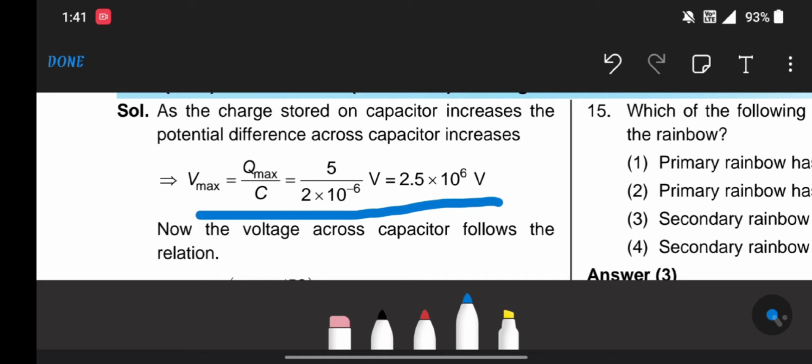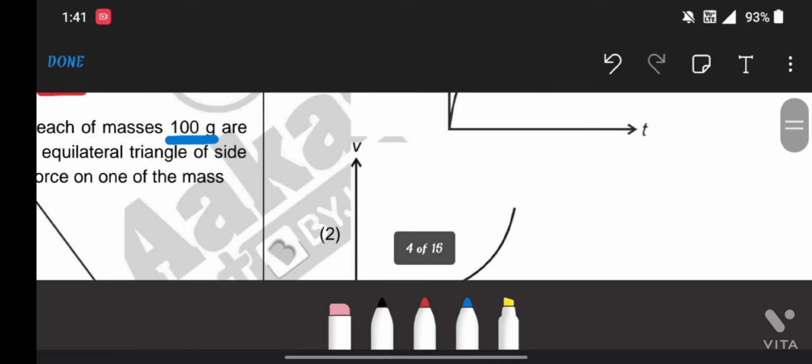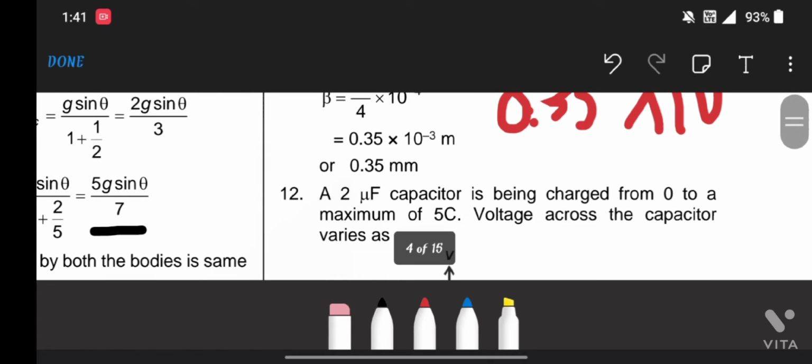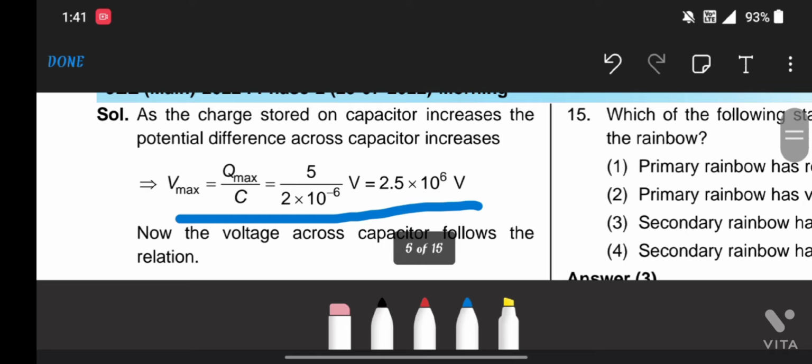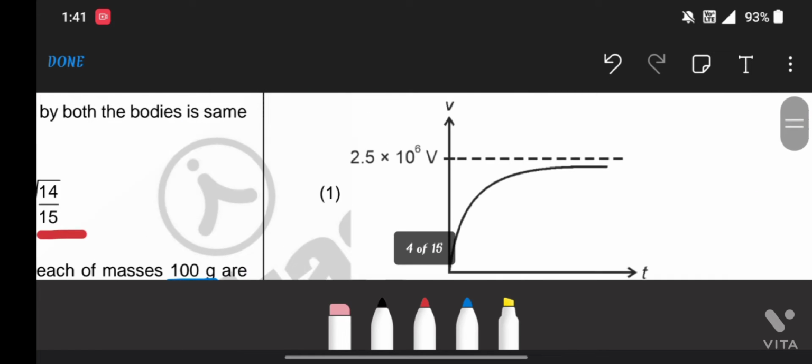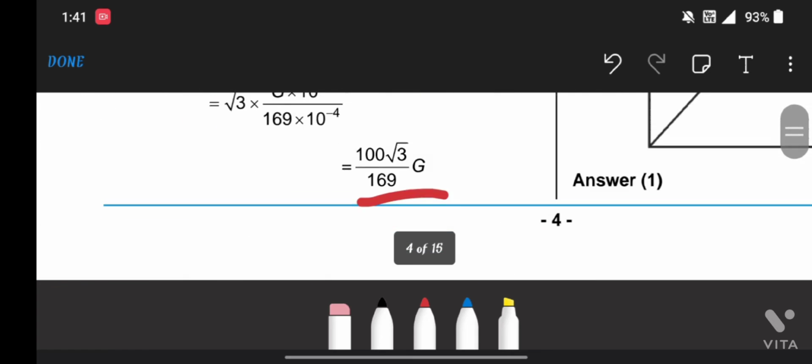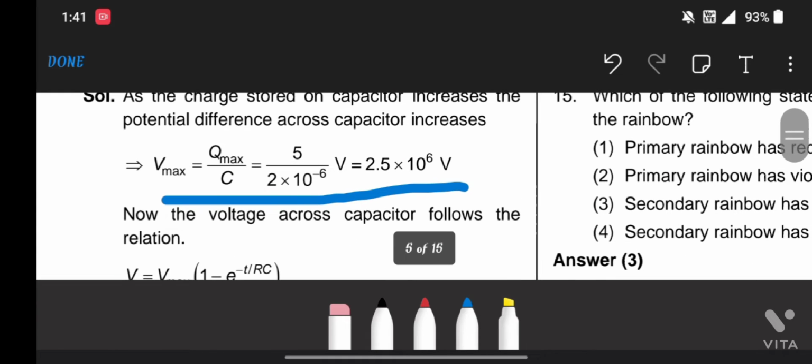Voltage maximum is equal to Q maximum by capacitance. So 5 by 2 into 10 to the power minus 6 volt. Here 5 they have given, and 2 microfarad, that is 10 to the power minus 6 we will get.